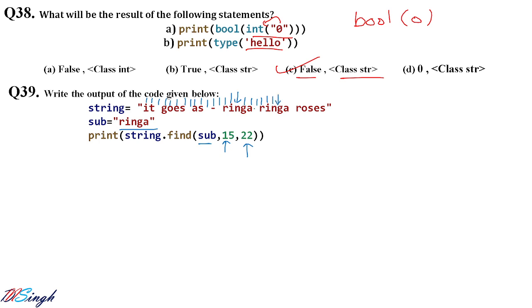In that range, do you find the substring ringa? No, that is not there. So what will the find function return if the substring does not occur in the main string? It is going to return -1. Otherwise it will return the index from where the substring is starting, obviously the first occurrence of it.